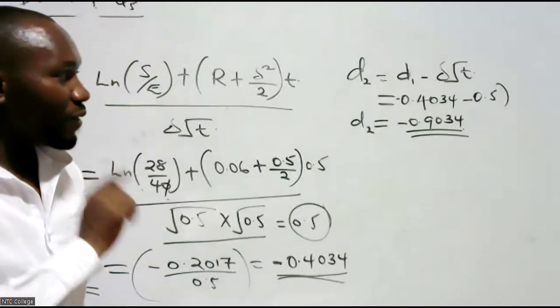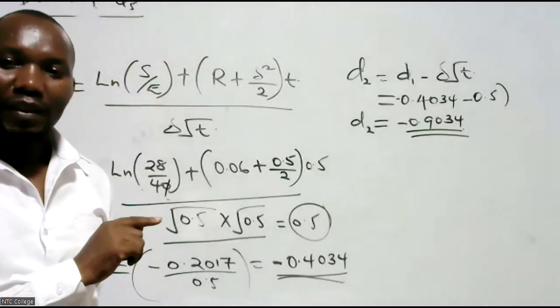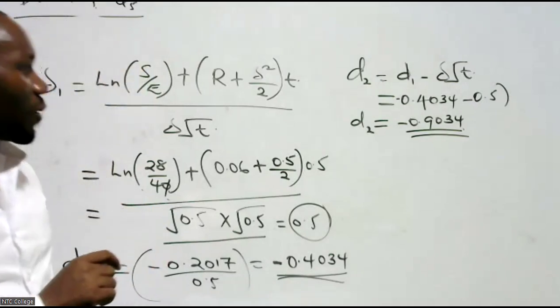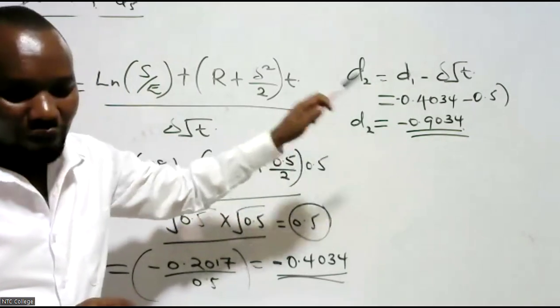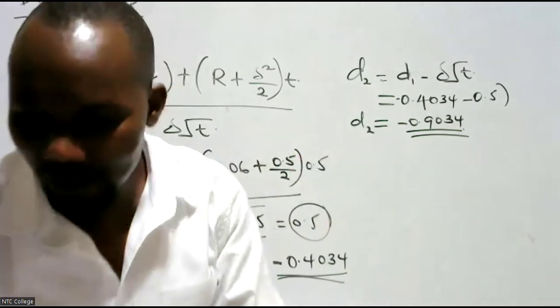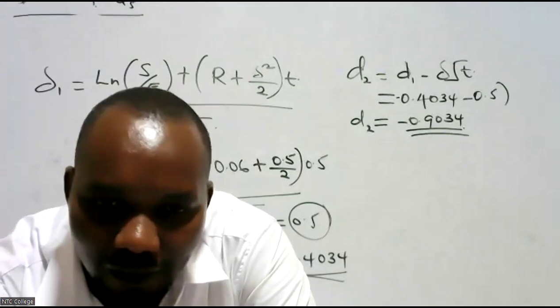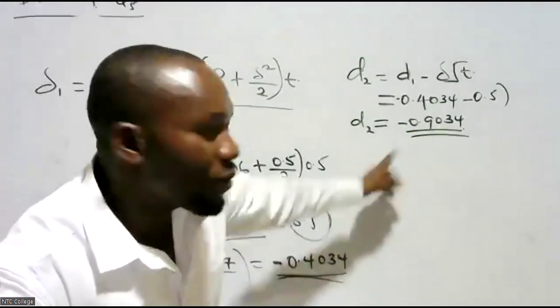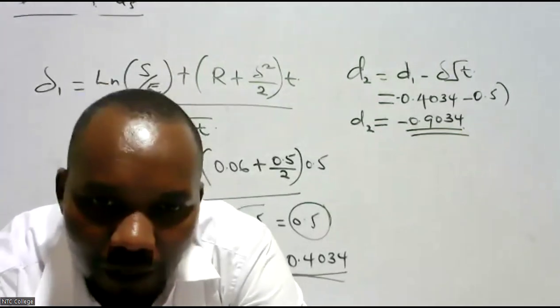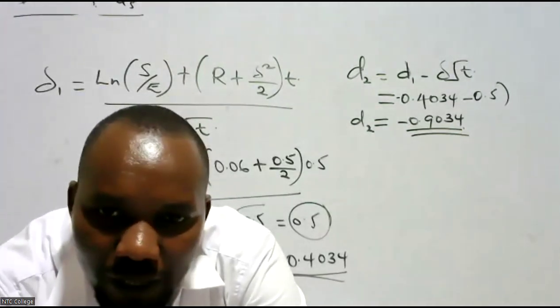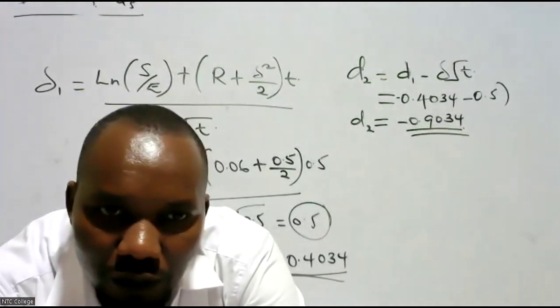Now, after umefika hapo, umepata D1, I want you now to go to the table, normal table, before you go to that graph. That graph that I gave was only for illustration why we add or subtract. So you go to the normal table. Wakati examiner amekupea hii, they will normally give you normal table, distribution table.